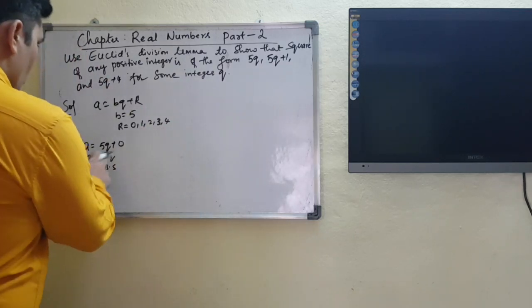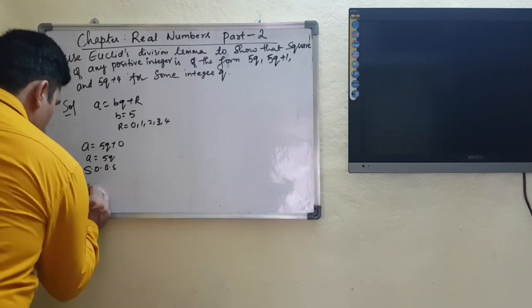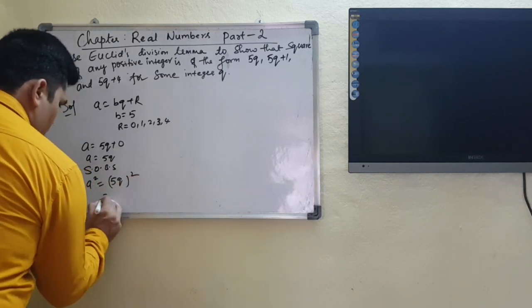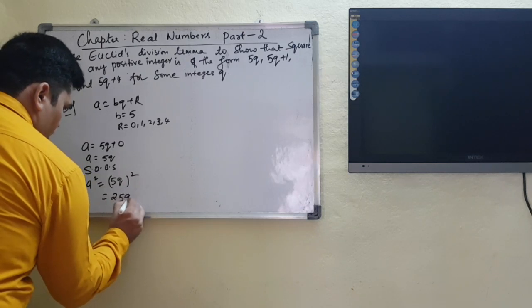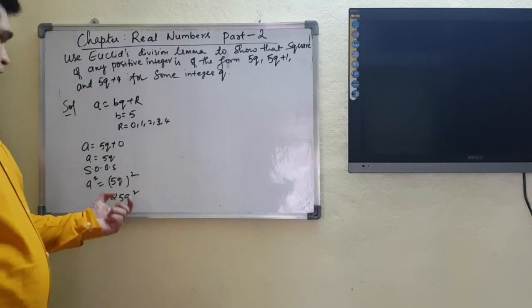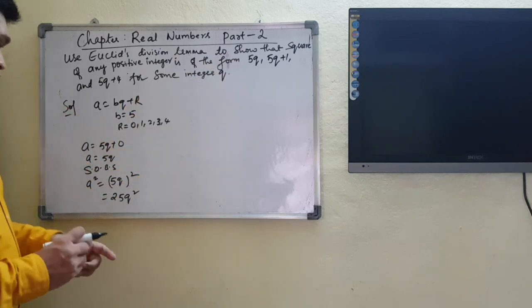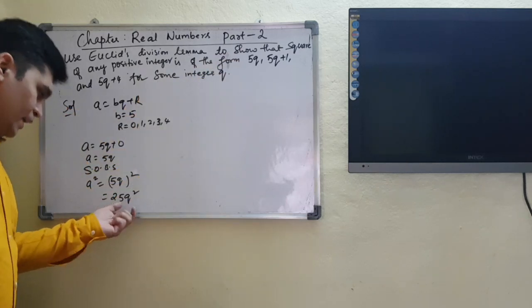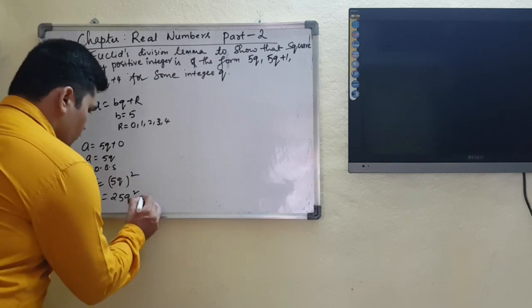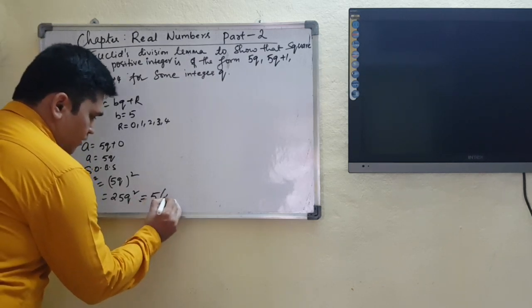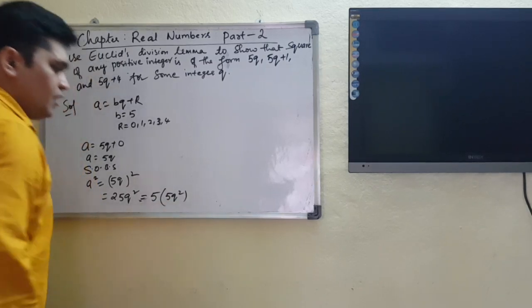So a equal to 5q, squaring on both sides, it will be a square equal to 5q whole square, which will be 25q square. Now since I want 5 as a base term, what I'm going to do, I'm going to take a common term from 25, which will be 5, and 5q square is remaining.